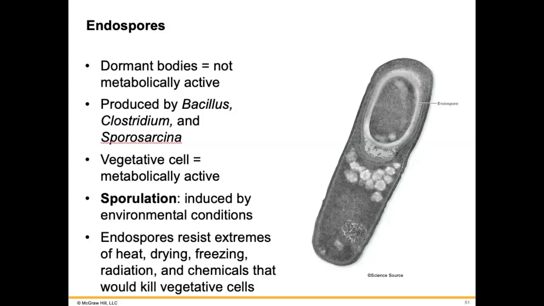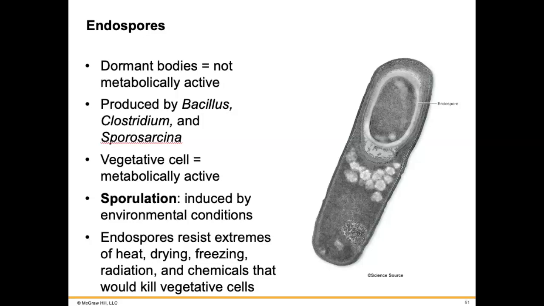Sporulation is actually induced by environmental conditions. So if something is in the dormant state or the dormant body, it's usually because the cell has been put in unfavorable conditions, such as heat, drying, freezing, radiation, chemicals. This dormant body, this endospore, will protect it.